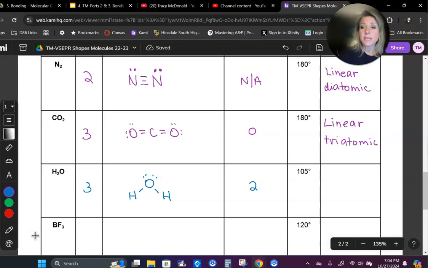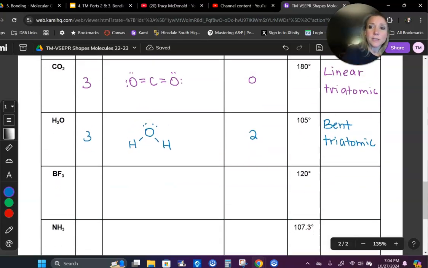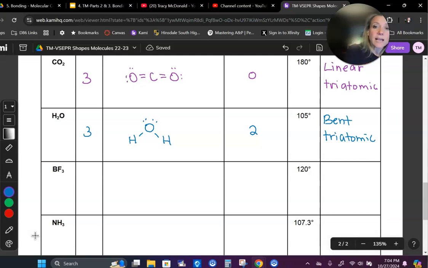But this one here, this is bent triatomic because we've got 3 atoms in a bent shape. And again, this one is bent because I have unshared electron pairs around the central atom that push the bonds down.